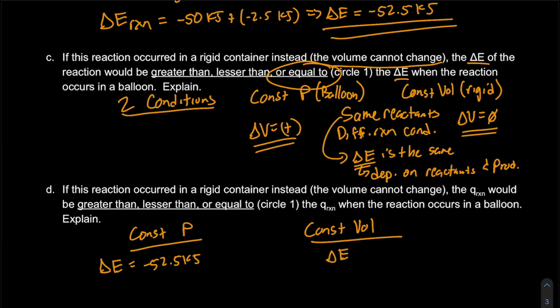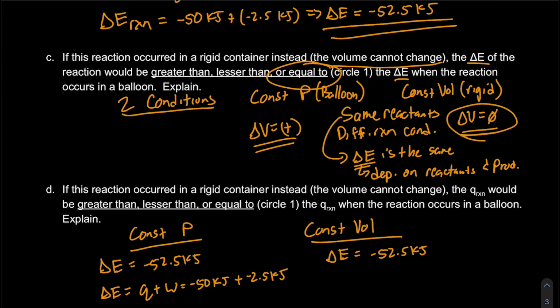Our delta E in the constant volume situation is negative 52.5 kilojoules. Since the delta E is the same, because again they are the same reactants and the same products, we remind ourselves that delta E is expressed as heat and work. From our original calculations, this was negative 50 kilojoules and negative 2.5 kilojoules for heat and work. What would differ between that and our constant volume situation?